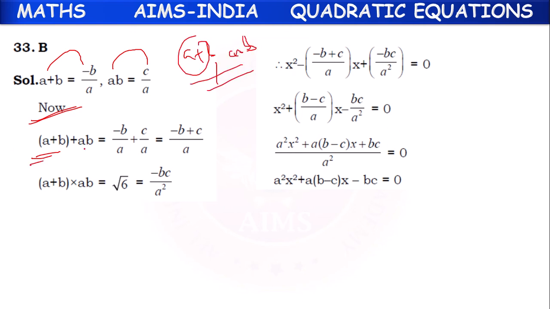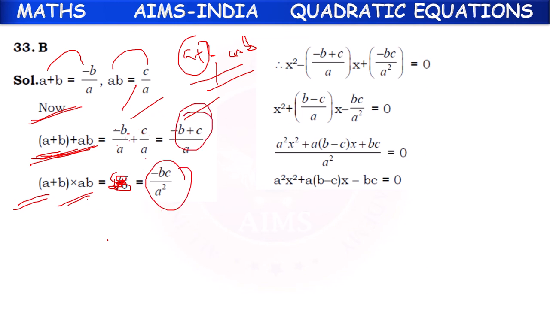Let's do their sum first. Minus b by a plus c by a, minus b plus c by a. And next, let's do their product. Minus b by a into c by a equal to minus bc by a square.